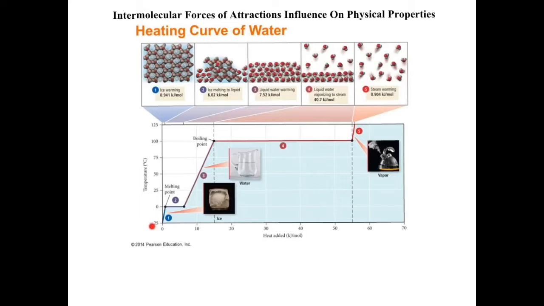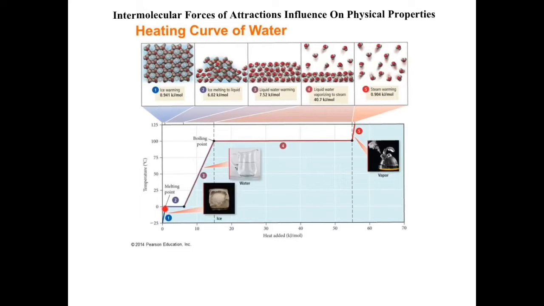So to go from minus 25 degrees all the way to 125 degrees, there are going to be 5 different areas that we need to consider in order to calculate that energy. Now, if we assume that we're starting with 1 mole of ice and heating it up to 125 degrees, so we'll wind up with 1 mole of gas, the energy to heat it from minus 25 all the way up to 0 will be 0.941 kilojoules per mole.